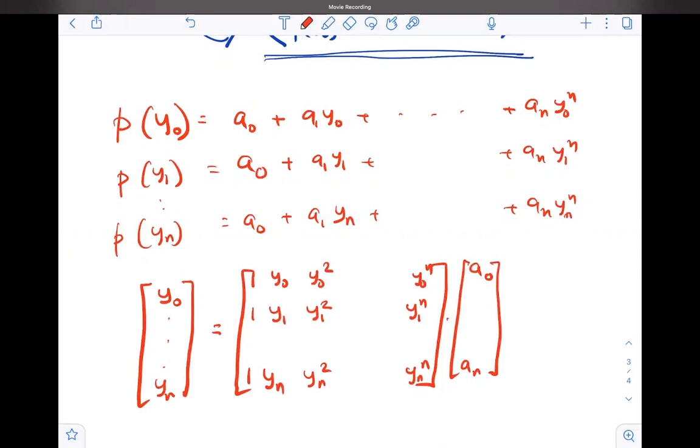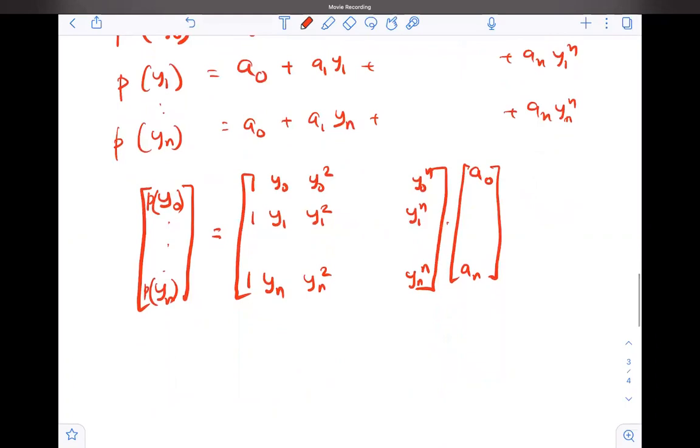The left hand side will be P of y0, and so on. In some sense, I can think of this P vector as nothing but a big Y matrix dot a column vector.